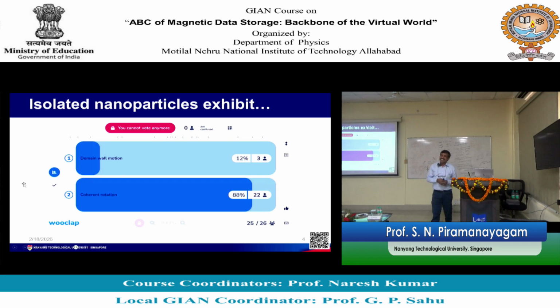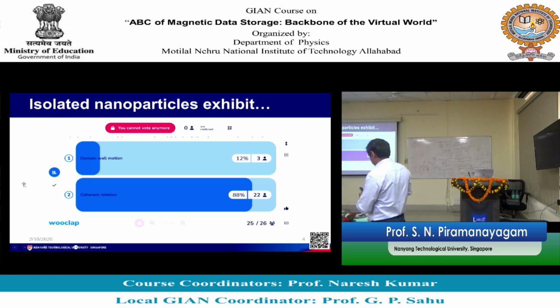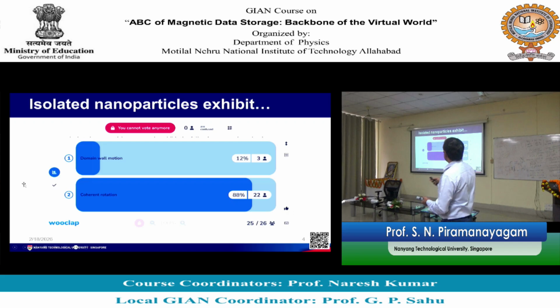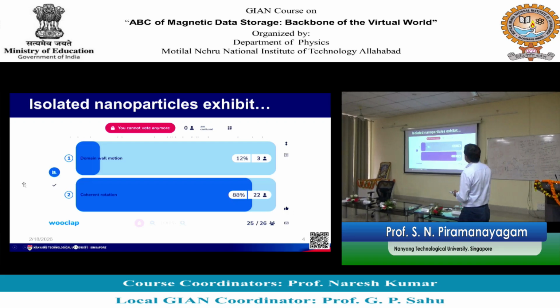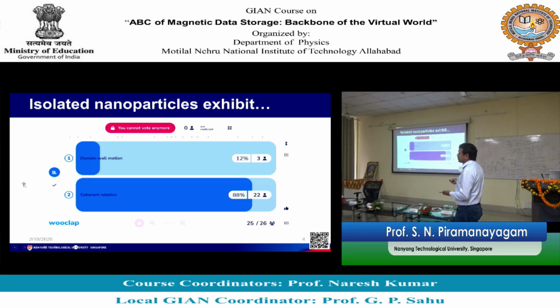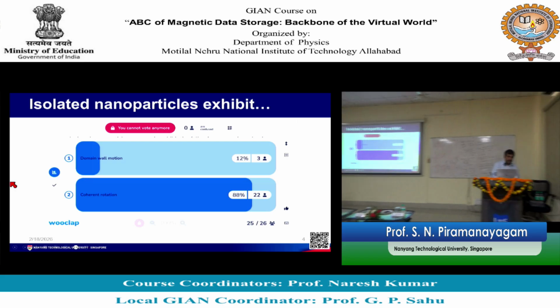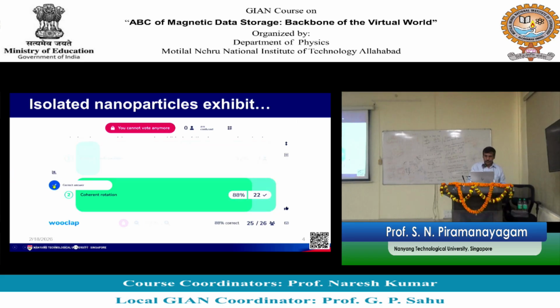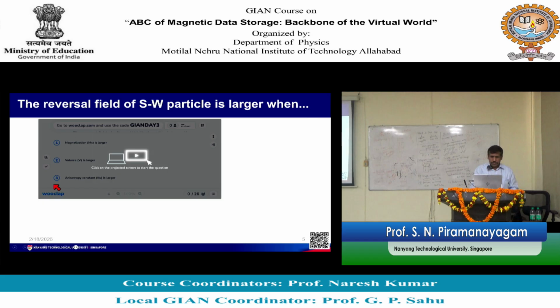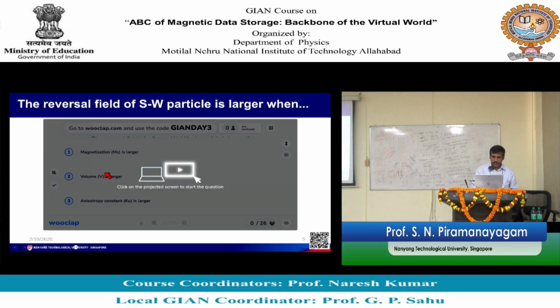When you have nanoparticles, I mean when they are very small, you have single domain. So when you have a single domain, there is no domain wall motion, right? Single domain, there is no domain wall. So domain wall motion cannot happen. So the only answer is coherent rotation or the Stoner-Wohlfarth reversal mechanism. Okay, the correct answer is 2. Okay, next question.